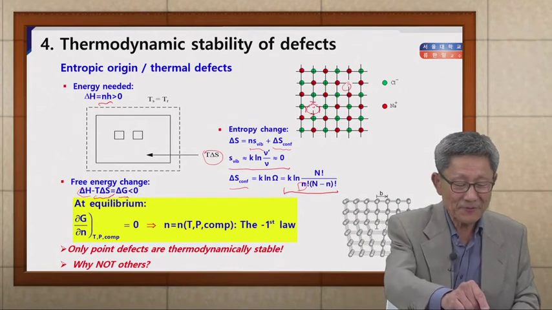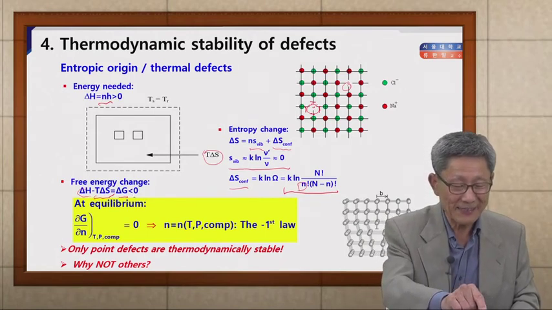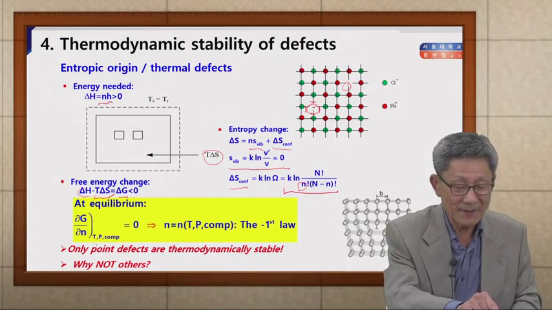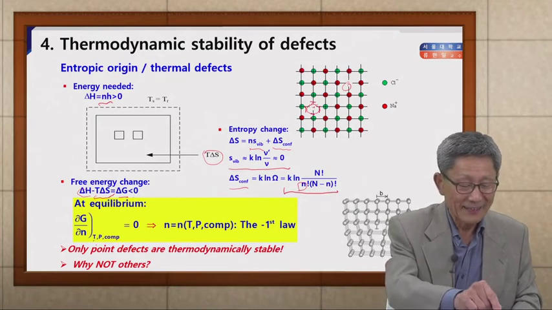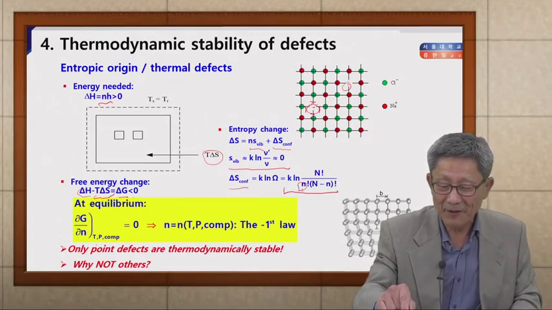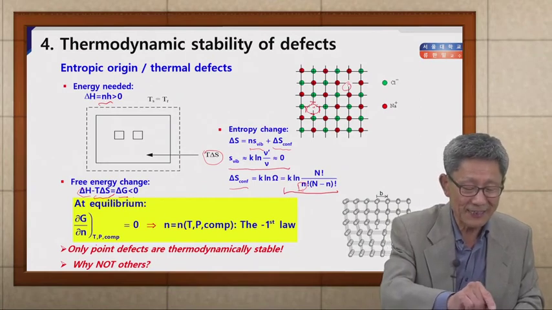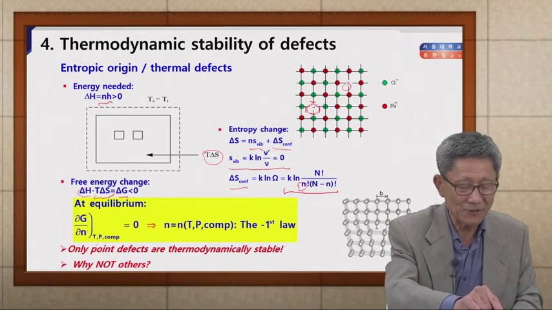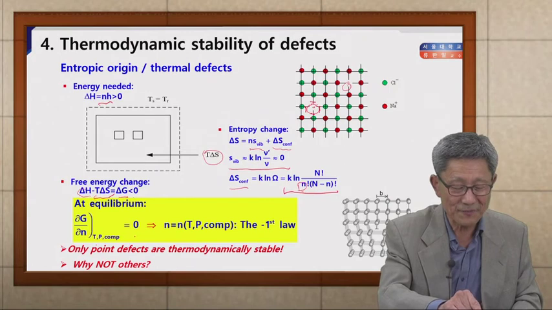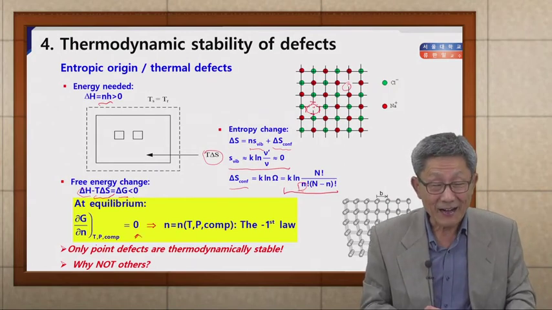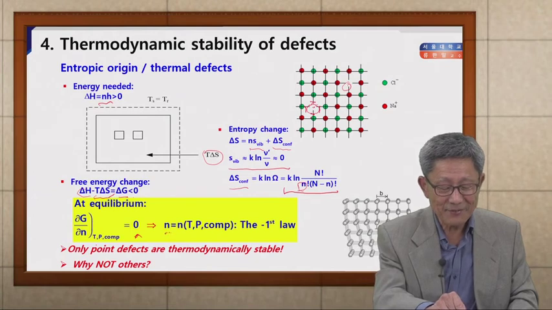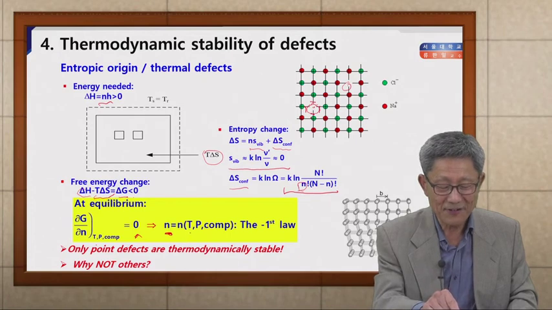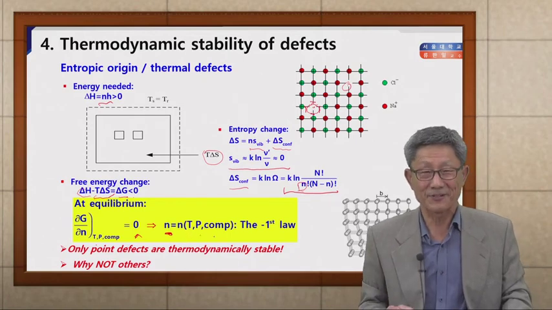Now, Gibbs free energy, as you know well from thermodynamics, is a function of the thermodynamic variables of your system, namely temperature, pressure, and composition. Then with respect to the number of defects, your Gibbs free energy should be minimum, namely the first derivative of Gibbs free energy with respect to the number of defects should be 0. Finally, what you get is the equilibrium defect concentration, or number of defects in a given volume, as a function of temperature, pressure, and composition.